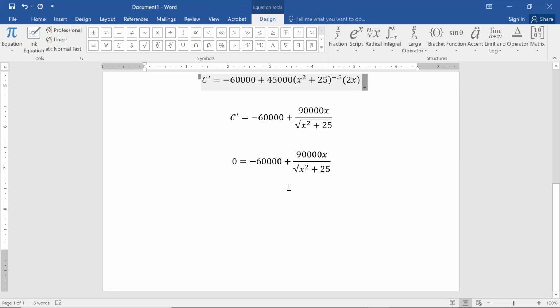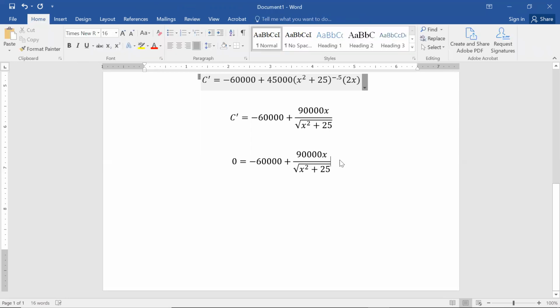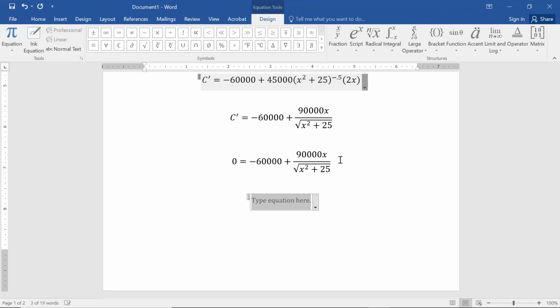Okay, so how do we solve this? There's a number of different ways. I always start by adding 60,000 to both sides. And then we have a choice. If you read along in the book problem, at this point, they square both sides.